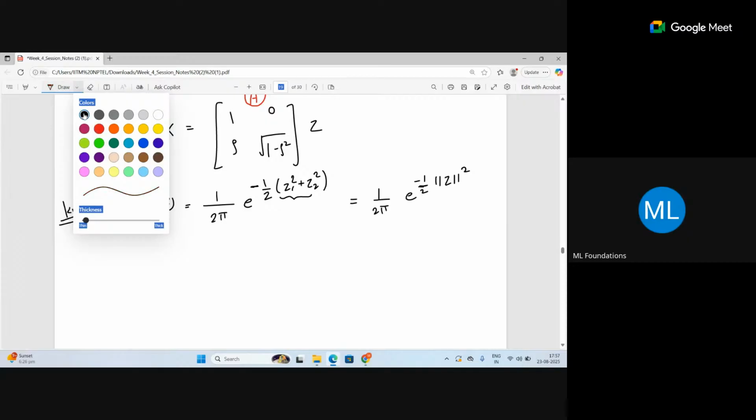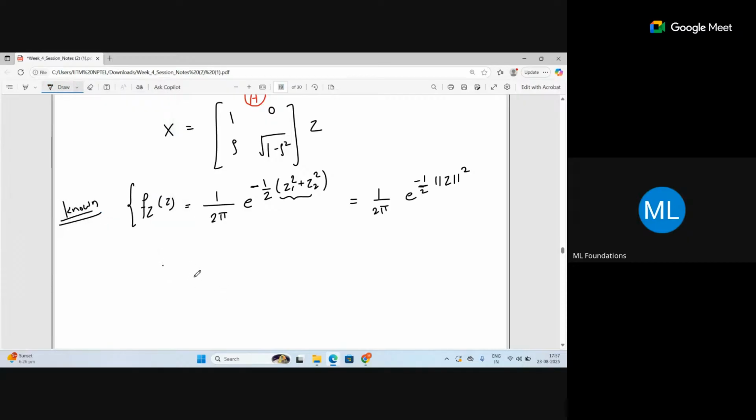How will z be looking like? If I wanted to find z, the equation is x equal to Az, then z will be A inverse x, right?